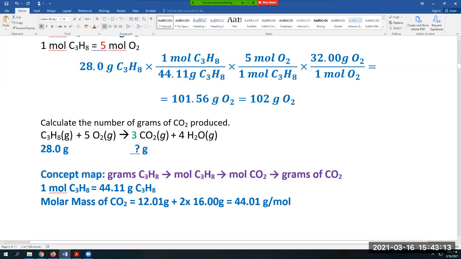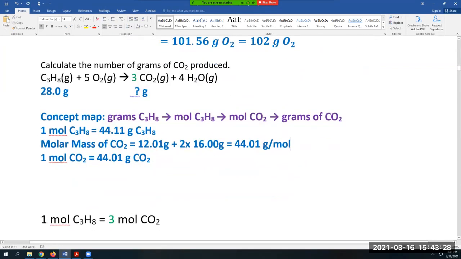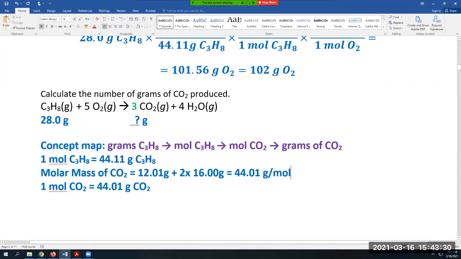So look, those numbers are very similar, but not the same, right? The decimals are different. So it's 44.01 grams per mole of CO2. And so when we rewrite this as equality, it's 1 mole of CO2 is 44.01 grams of CO2. So that will allow us to do the first conversion and the last conversion.